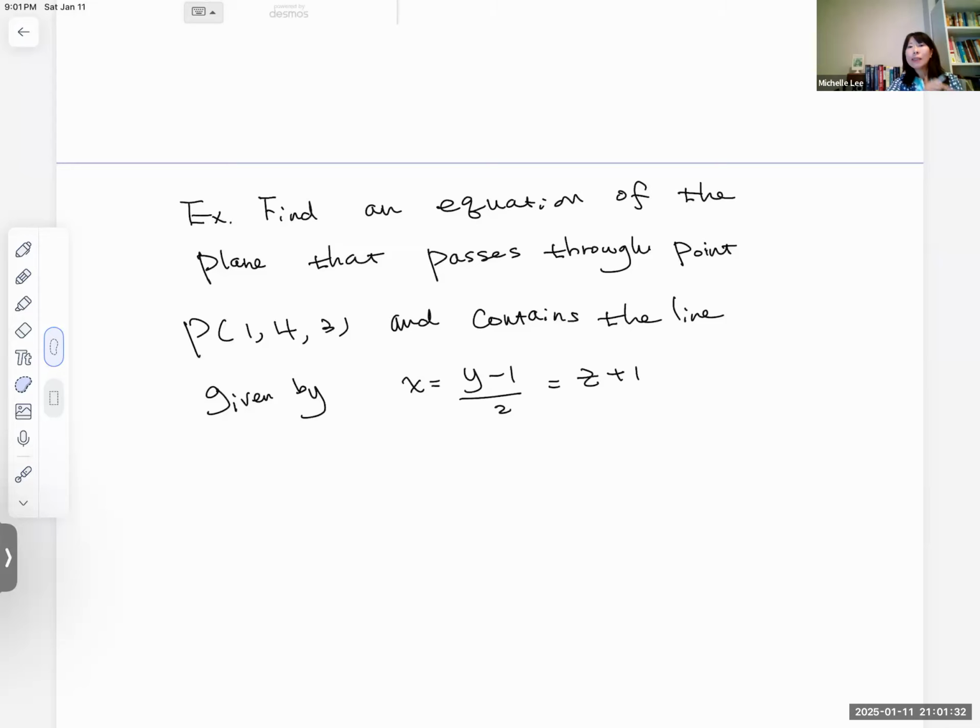We want to find the normal vector through the cross product, so that is the same concept as earlier. Then after we find the normal vector, we just substitute x naught, y naught, z naught, right? Done.